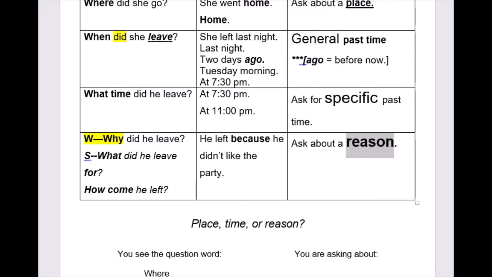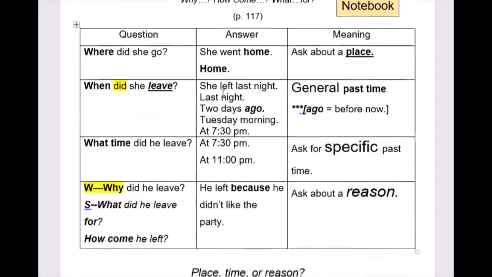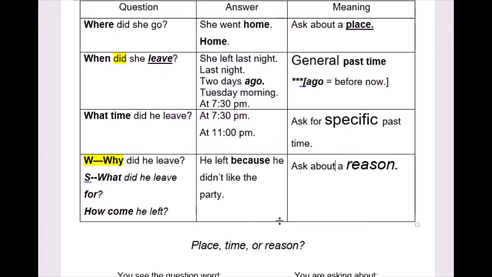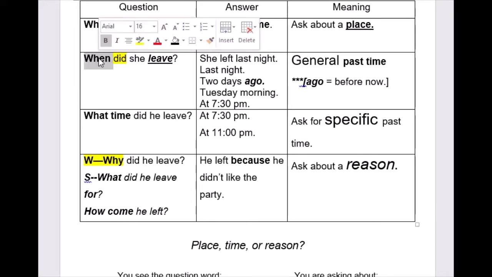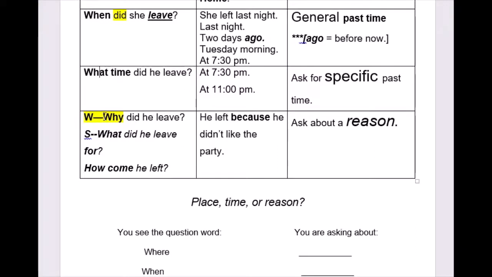So this is how I can use the three different question words, where, when, and why. And I can ask about specific time with what time. So you can take out when, instead you say what time. Okay. Now, why is good for writing and also for speaking.